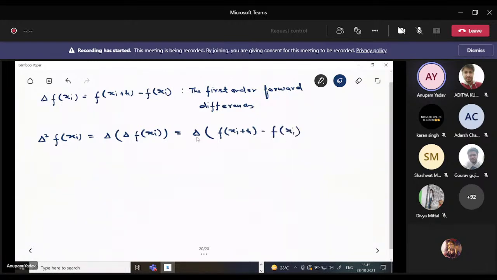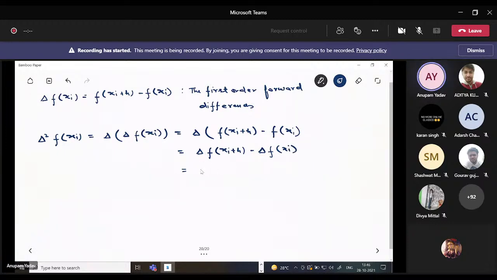Now when we again operate this delta, this will give us delta f of xi plus h minus delta f of xi. Again we'll use the same definition.